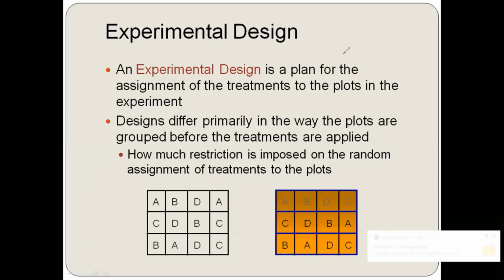Now in the first example, how many times is A appearing in the whole experiment? 3 times. What about B? 3 times.